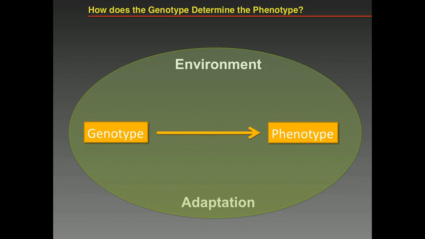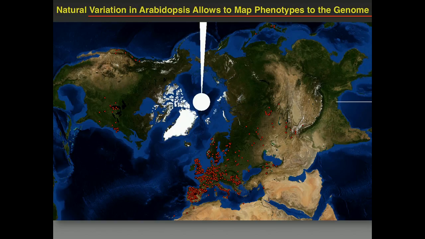And for this, we use Arabidopsis thaliana, which is a small weed and a model organism, but which is also very suitable to ask those kinds of questions: how naturally occurring genetic variation shapes phenotypes, and also how they relate to the environment.